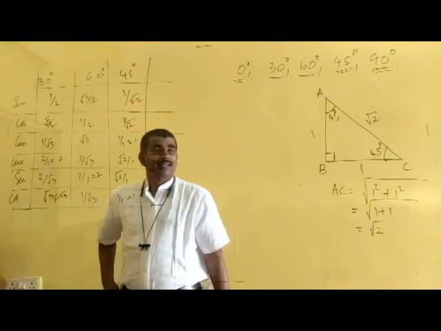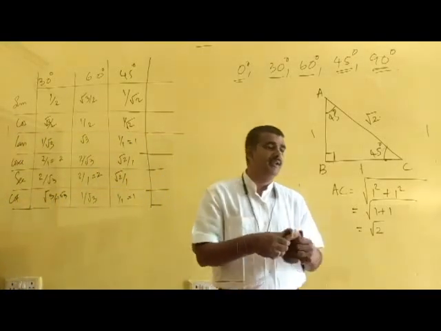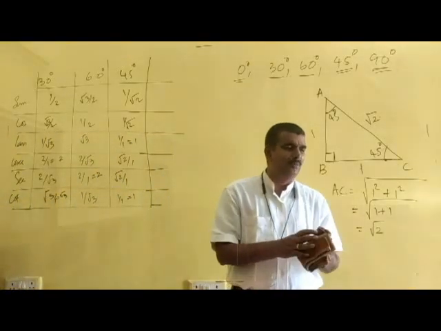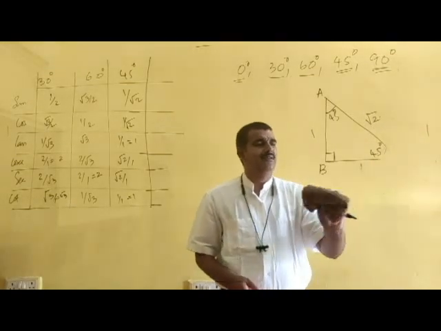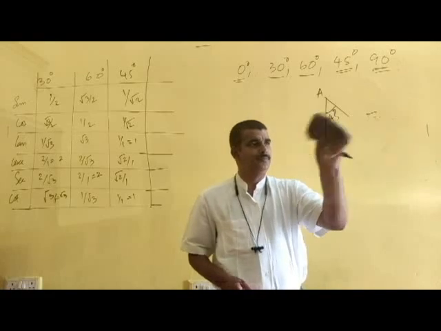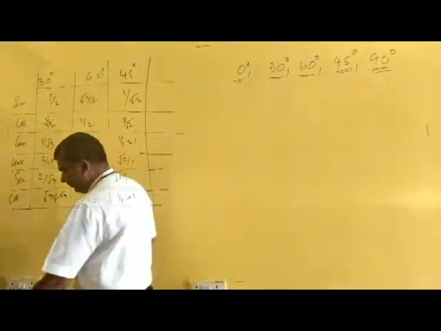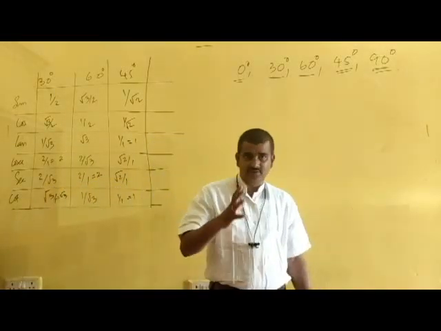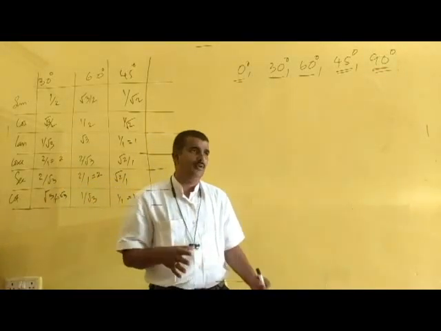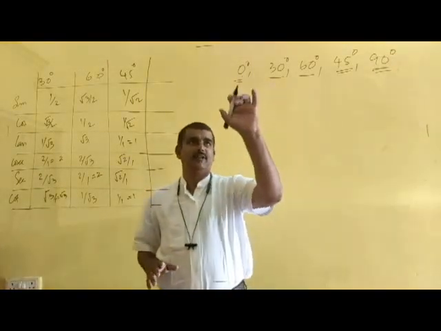Now what is remaining is 0 degree and 90 degree. This is a little bit complicated while deriving the value, but it is quite simple also. If you attend very carefully, then it will be very simple. Otherwise, it will be a little bit difficult.